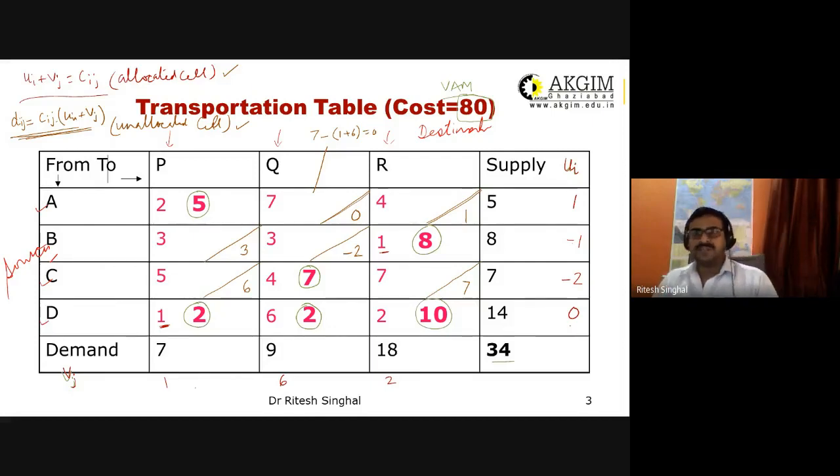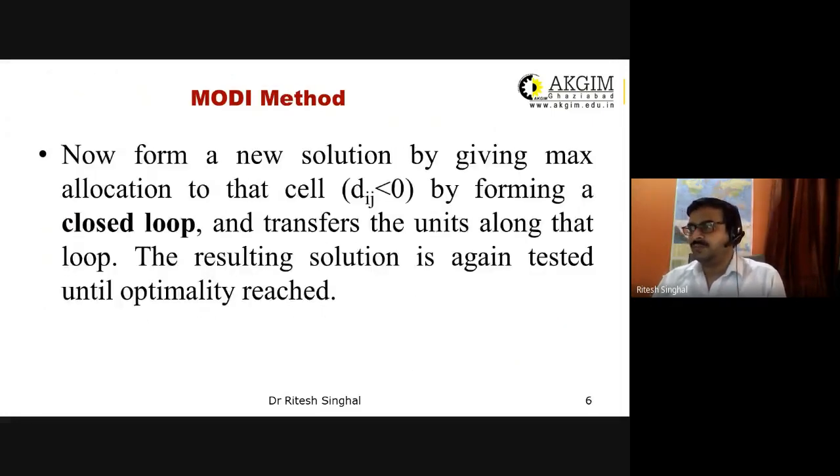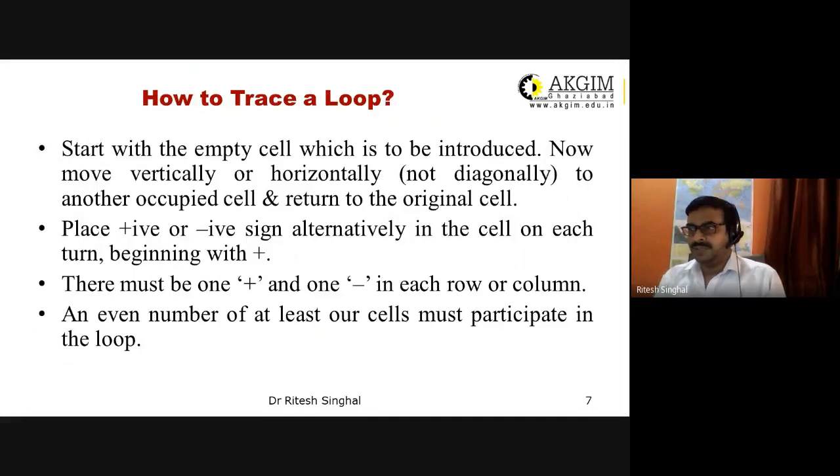Now the next step is how to make it optimal. To make it an optimal solution, we have to trace a loop. We have to trace a closed loop starting from the cell where Dij is negative. For making the loop, we have to jump to allocated cells and come back to the original cell where the Dij is negative. All the methods are written over here, how we can trace the loop.